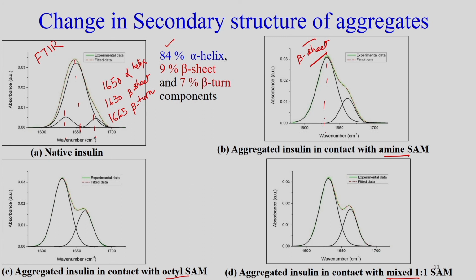But the common thing in all the cases is the alpha helix peak disappeared and there is a formation of beta sheet rich structure. So, part of the alpha helix is converted to the beta turn and most of the alpha helix is converted to the beta sheet.